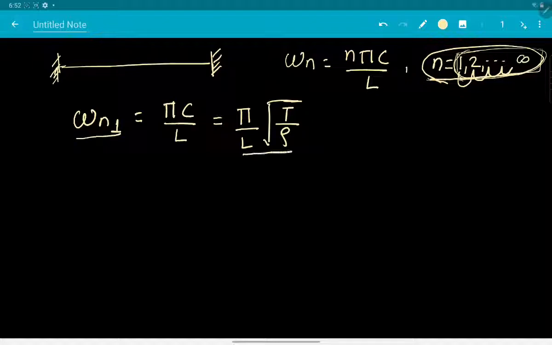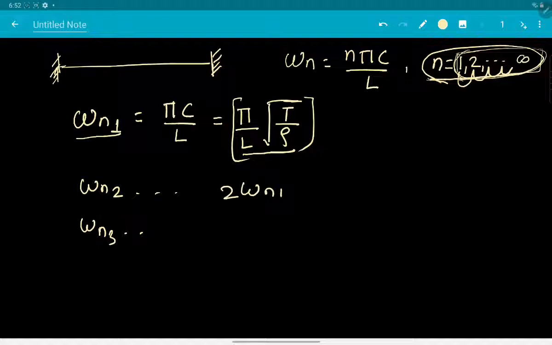This is the first natural frequency, and all higher natural frequencies, that is omega n2, omega n3, are integer multiples of this first natural frequency. So you can write omega n2 as 2 times omega n1, omega n3 as 3 times omega n1, and so on.